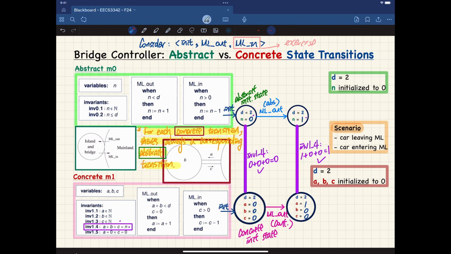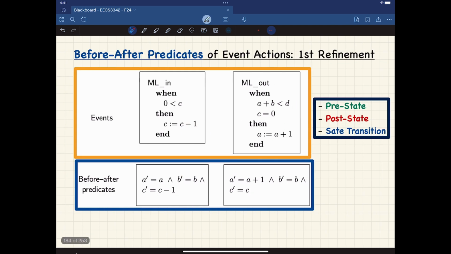All right, so now the next one will be to talk about before-after predicates very quickly. Let's see here, before-after predicate. You can also see it on the slide, but I will show you right away here. So we got the concrete events here and here, just to remind you. The way to figure out the corresponding before-after predicate will just be the same.